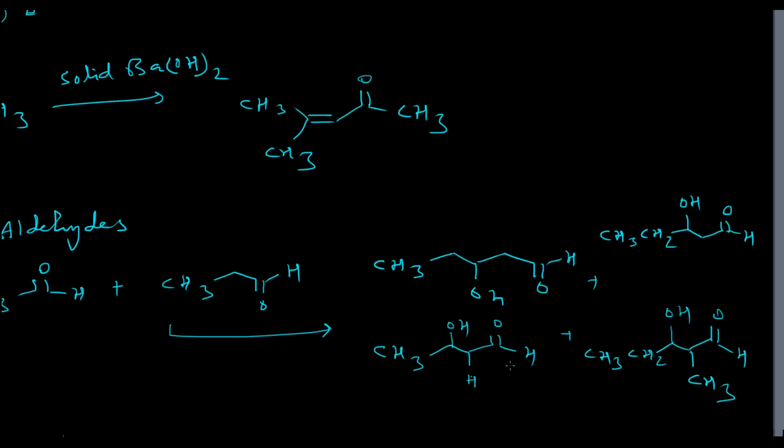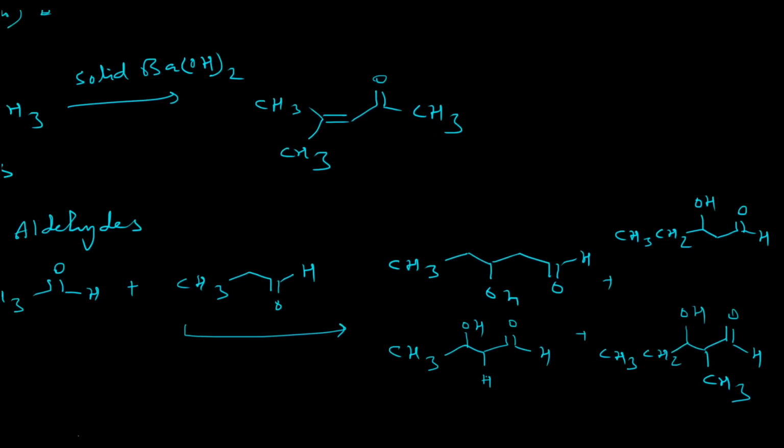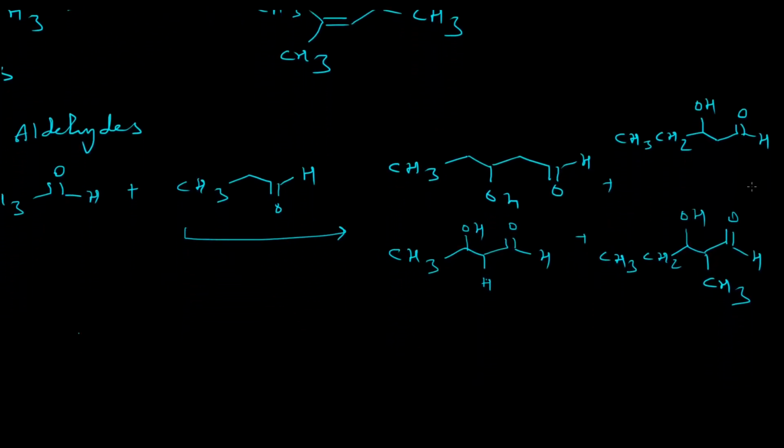So these 4 beta hydroxy aldehydes or these 4 aldols we will get after the reaction if we consider only the aldol formation. If we consider the alpha beta unsaturated aldehyde formation, then total 8 compounds will form. So you can see a mixture of compounds is forming when the aldehydes are different.